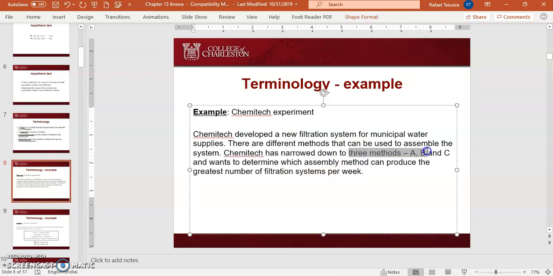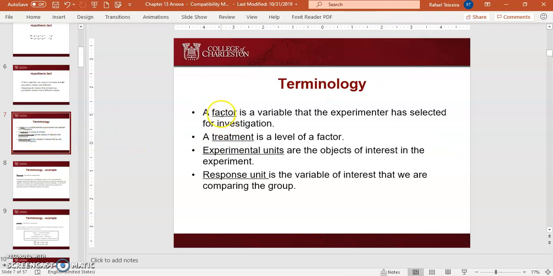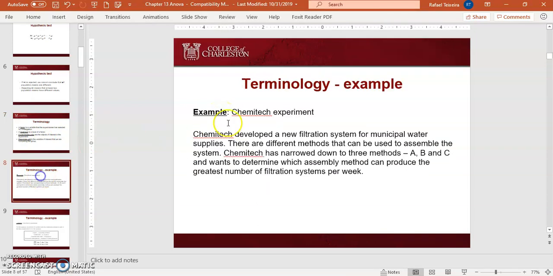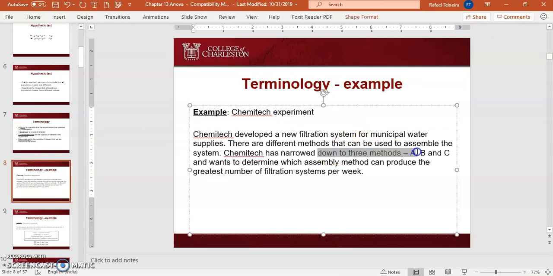These are the treatments. I have three methods, three treatments, and the factor is the assembly method. The assembly method is the variable the company is using to change the potential results, which means the productivity.